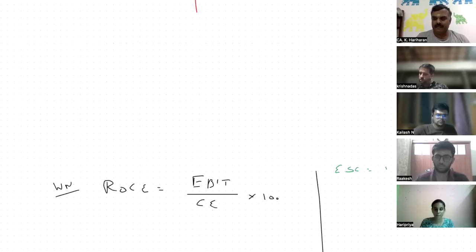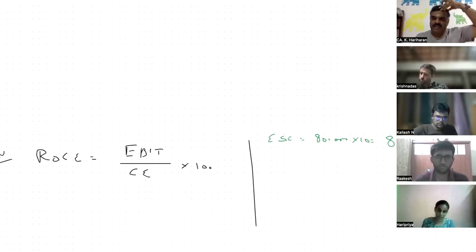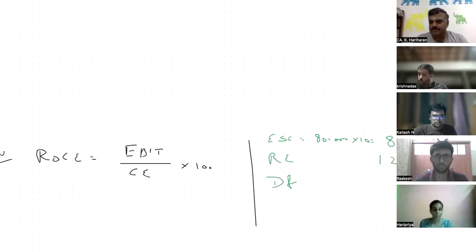Retained earnings 1 crore 20 lakhs. Debt fund, how much is there currently? 1 crore. Do I have to compute it, sir?